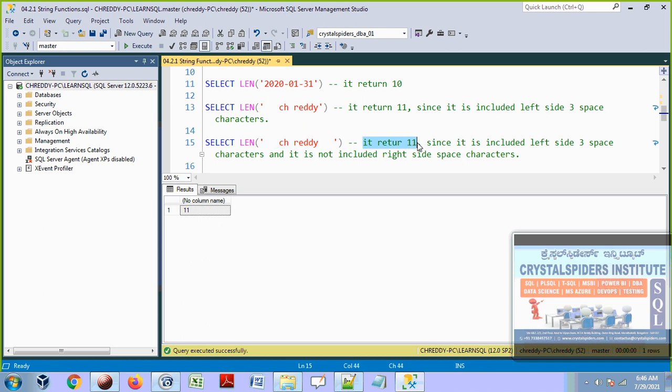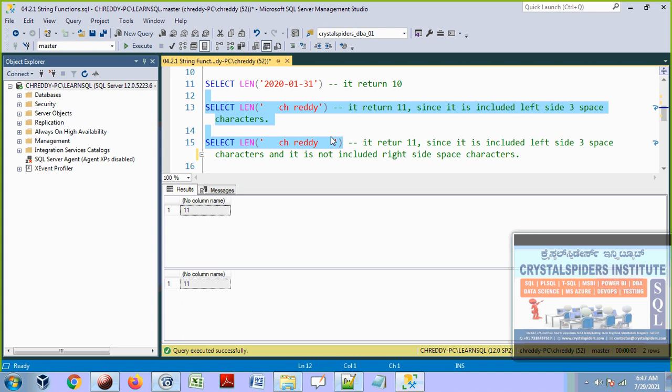So it's written 11 since only the left-side 3 space characters are included, not the right-side space characters. Let's execute these two; they will give the same results, because the right-side characters will not be counted by the len function.